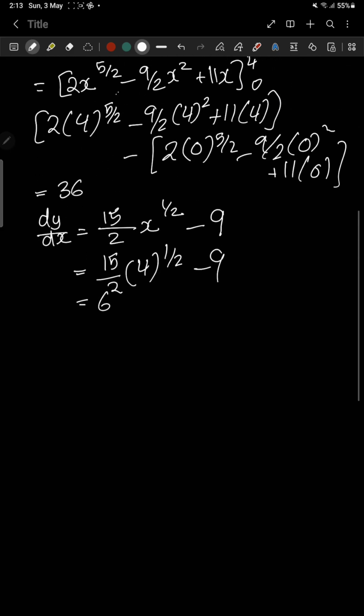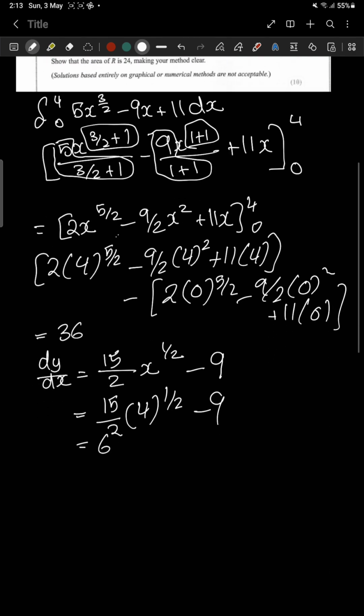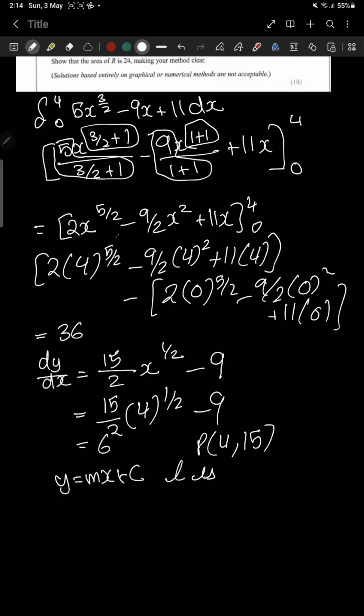Now we are given the point P, which is (4, 15). We have to find y = mx + c, since L is a tangent of curve C, and it has the gradient of 6.